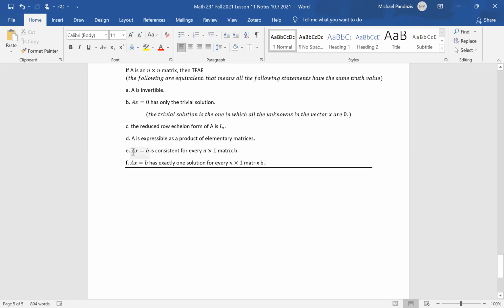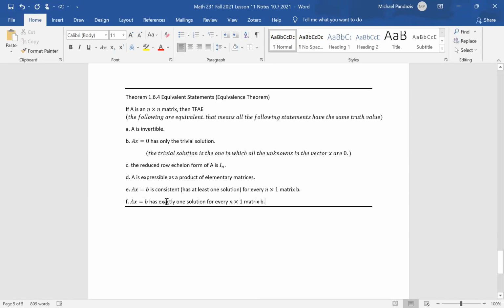Okay, so statement E says AX equals B is consistent for every n by 1 matrix B. Remember, consistent means has at least one solution. So no matter what appropriately sized matrix B, it has to be the right size, it can't be the wrong size.